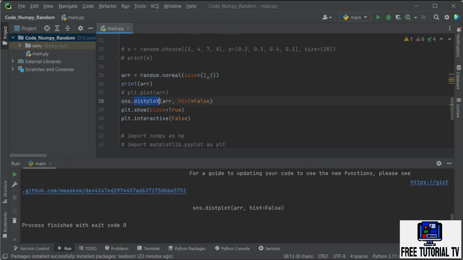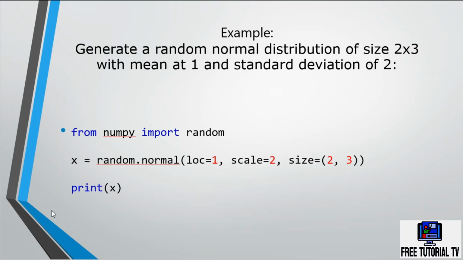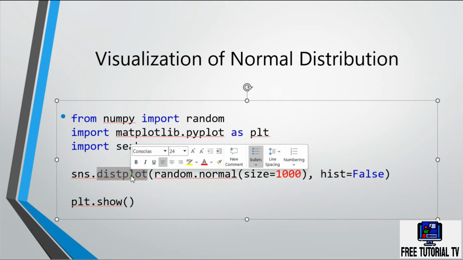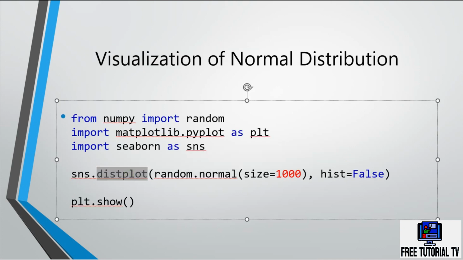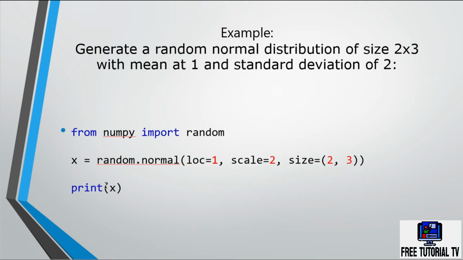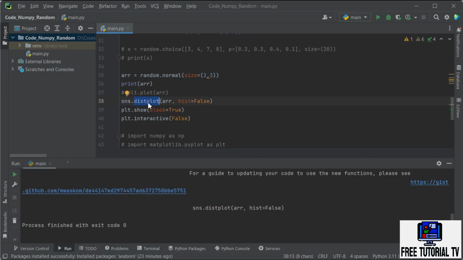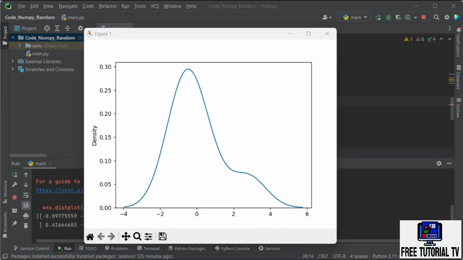This sns will be used, also use normal, and for distribution we are going to use distplot. For visualization purposes also we will be using a normal distribution. So let's see that by changing this.